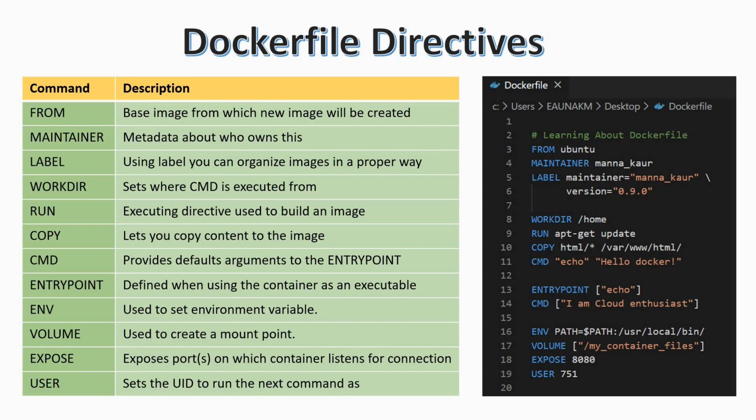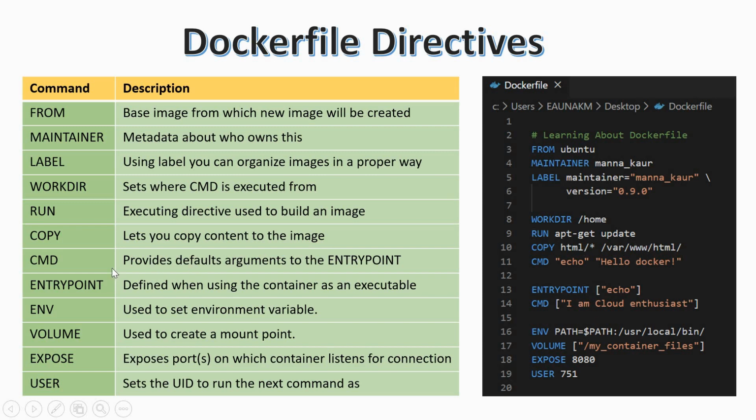When the Docker file is ready, we will write the command docker build, and that is the build time, and this RUN command will be running at the build time. The next is the COPY directive, which lets you copy content from your host system to the image. In this command where COPY is written, the first path is that of the host system and the second path is that of the image. So it will let you copy the content to the image.